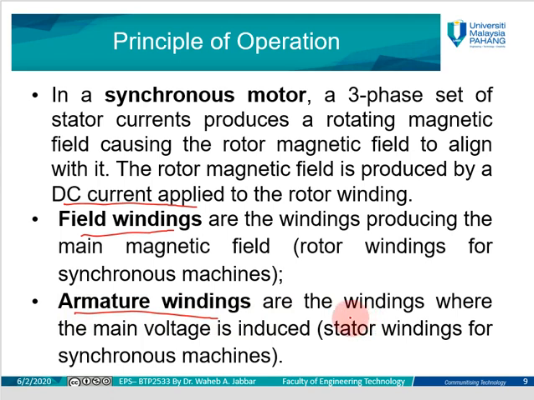This comes from an AC source. So if we have magnetic flux on the rotor and magnetic flux on the stator, it will generate a torque. This torque will make the machine rotate, so it will operate as a synchronous motor in this case.